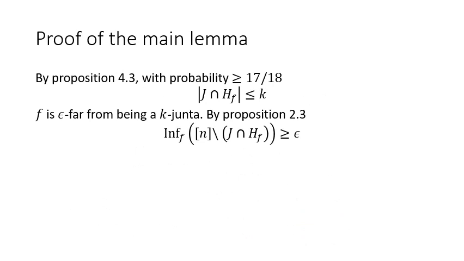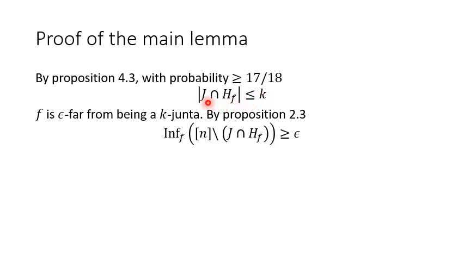Now we will use the 3 propositions we have seen to bound the different parts of the sum we have seen earlier. By proposition 4.3, with probability at least 17 over 18, every part in the partition has at most one common element with HF. But J is a union of k parts, so J has at most k common elements with HF.